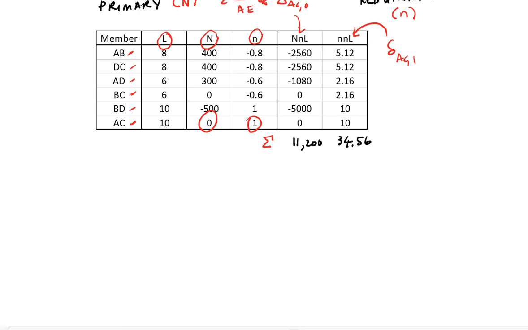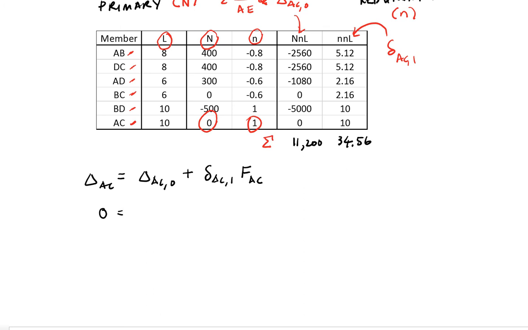Okay, and then you plug it back into the original compatibility equation. So the compatibility equation was delta AC equals delta AC 0 plus delta AC 1 multiplied by FAC. Okay, so delta AC is 0.